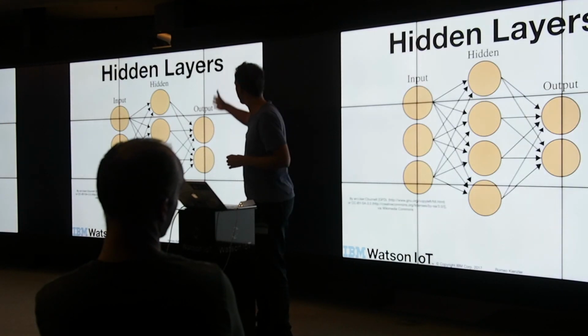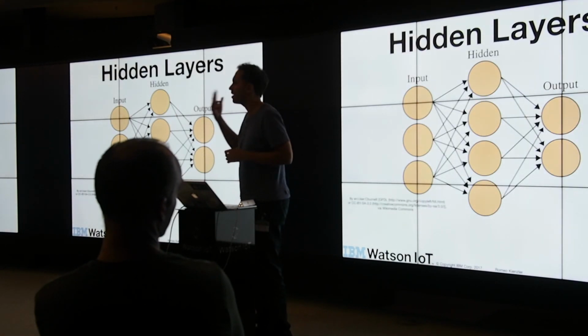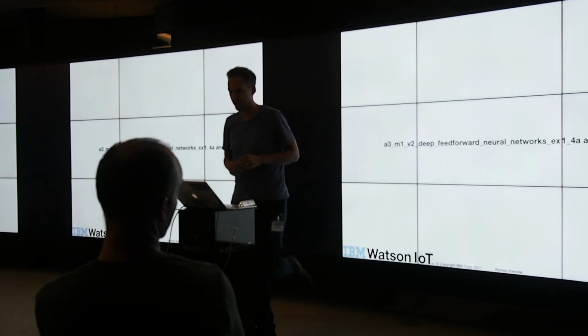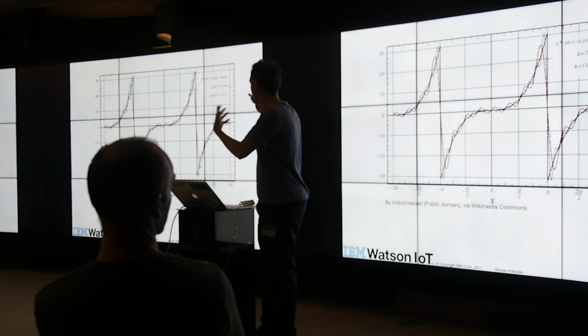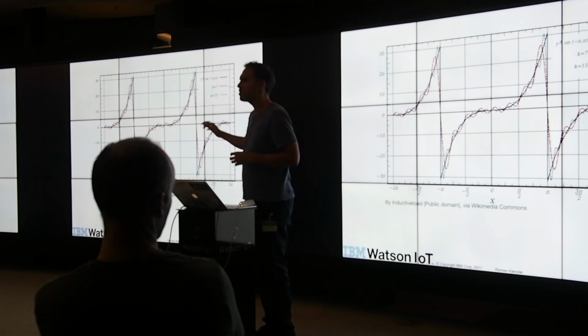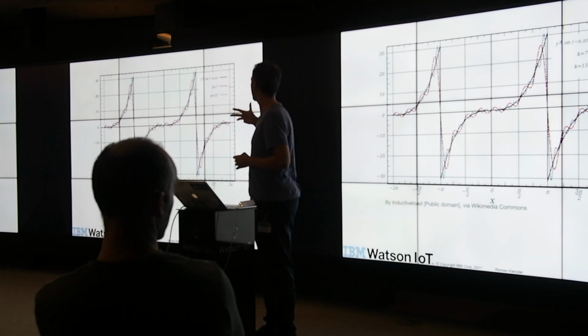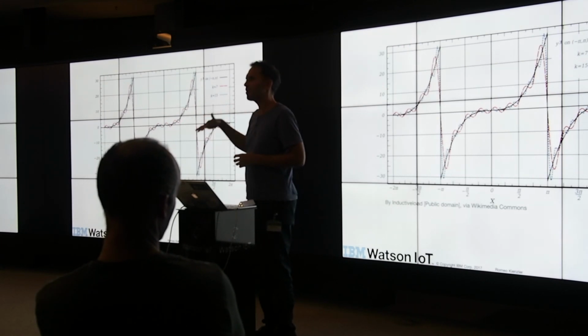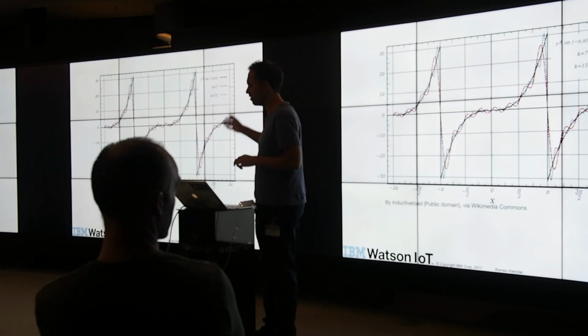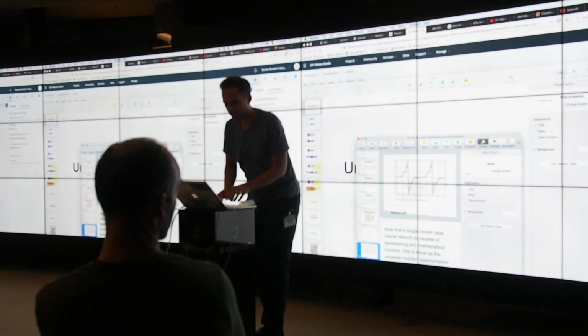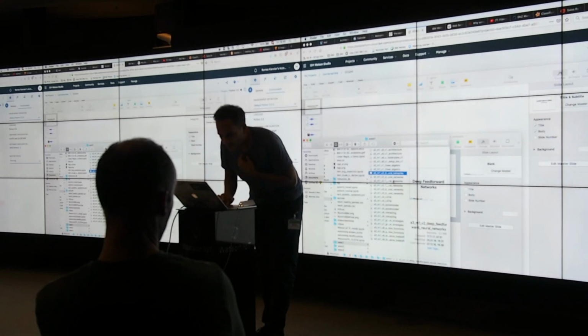And the reason why you add hidden layers is that you then get a so-called universal function approximator. That's a theorem, so it's proven that with a single hidden layer neural network, you can represent any mathematical function. So that's about deep feed-forward neural networks.